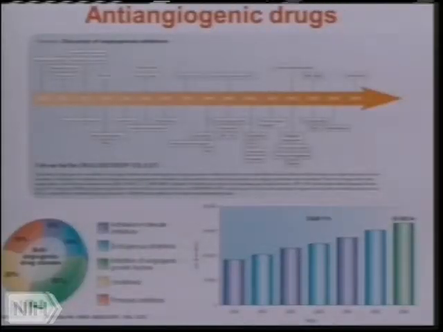Okay, so as I mentioned before, there's been a tremendous effort to develop therapeutics targeting pro-angiogenic compounds. This is just a summary timeline of those anti-angiogenic therapeutics that have been targeted. It's not comprehensive; there are more than the ones shown here.